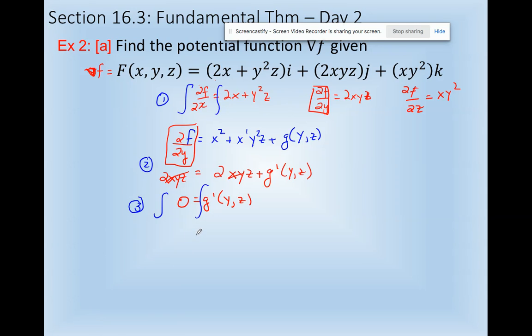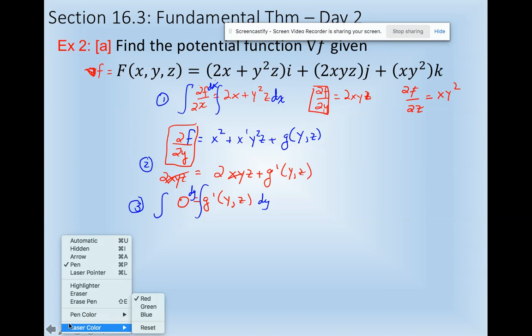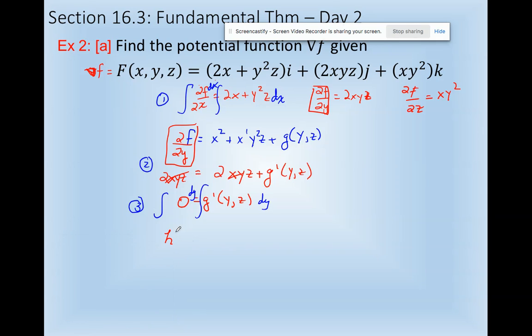Anti-differentiate with respect to who, though? dy. Should have put a dx up here, shouldn't I have? Anti-differentiate a constant, you get a constant. But be careful, you still have that extra variable, right? And the antiderivative of a derivative goes away.